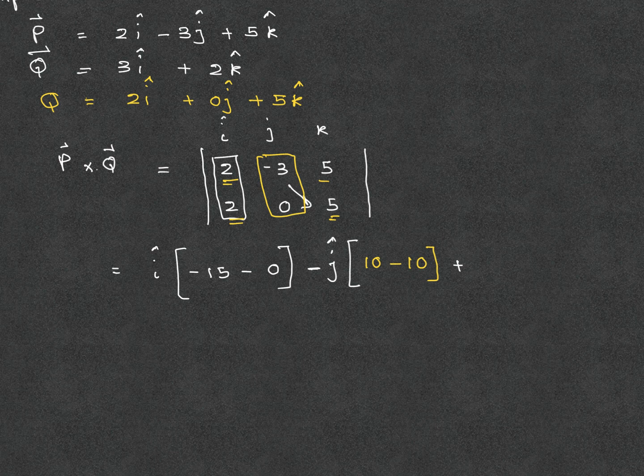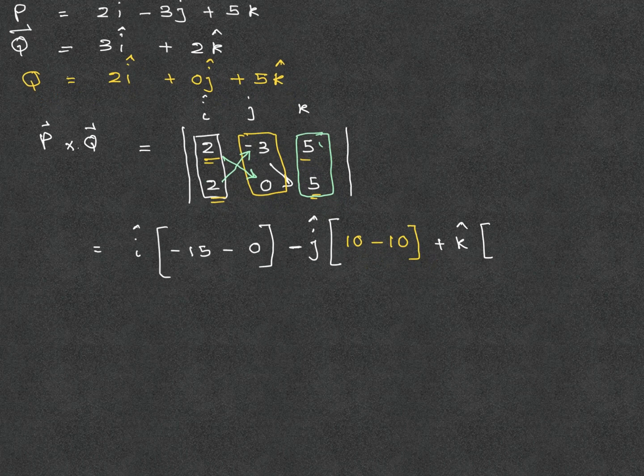And then the k hat term goes as k hat, and then you cover the column again. I am using these colors just so that you understand what I am doing on the video, because I don't have the privilege of placing my pointer on the determinant and showing these things.